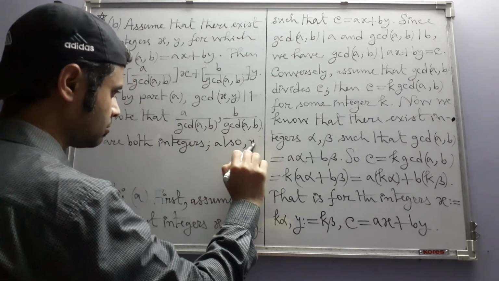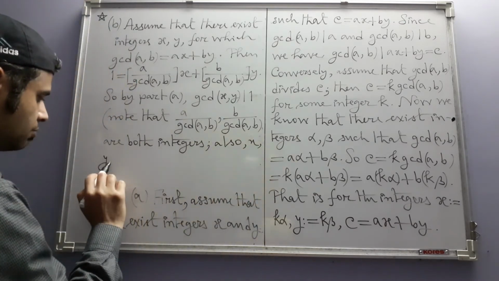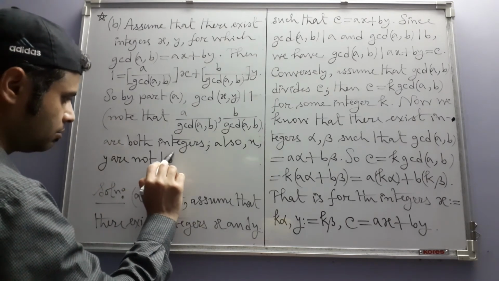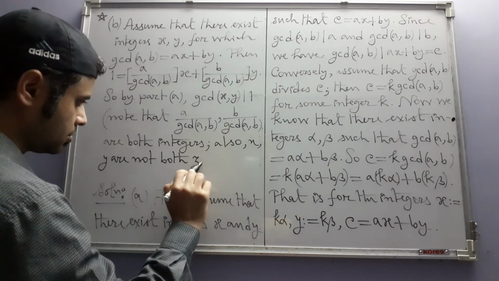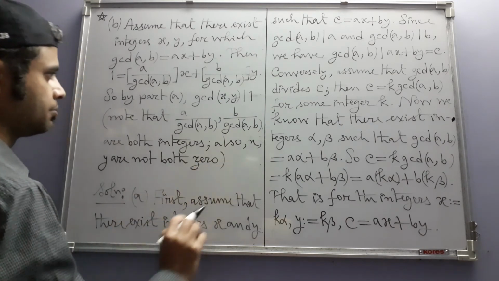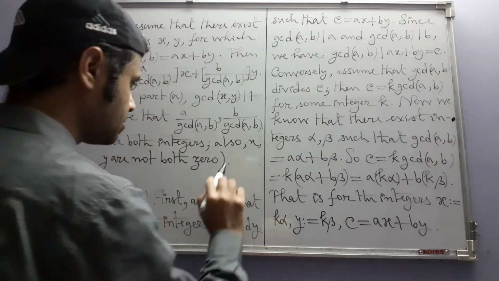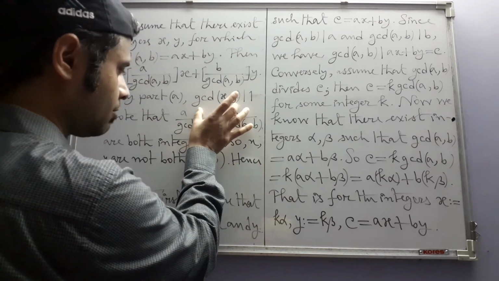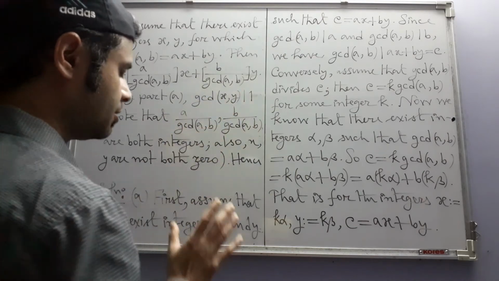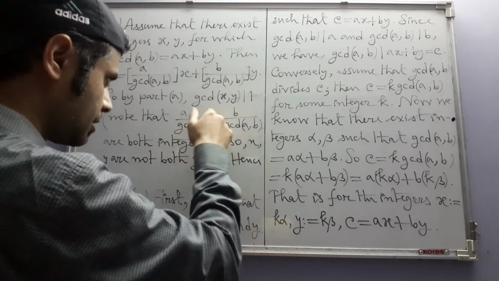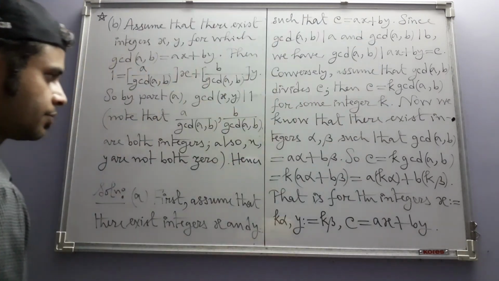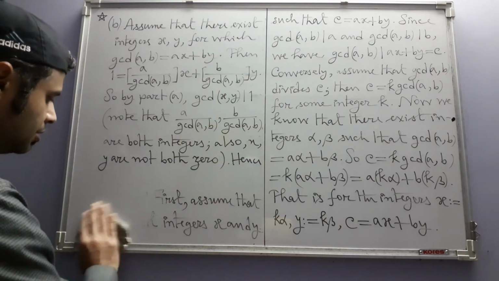Also, x, y are not both 0. Hence, because GCD of x and y is by definition a positive integer, it now has to be equal to 1. And that's how we get part B, the second part.